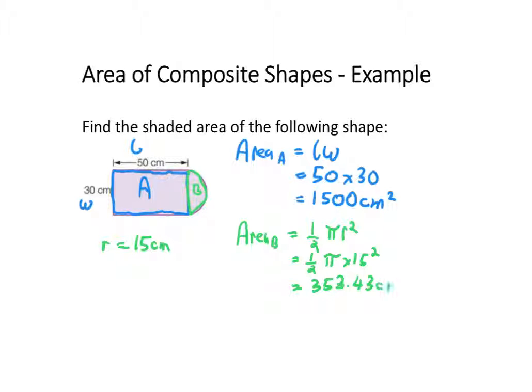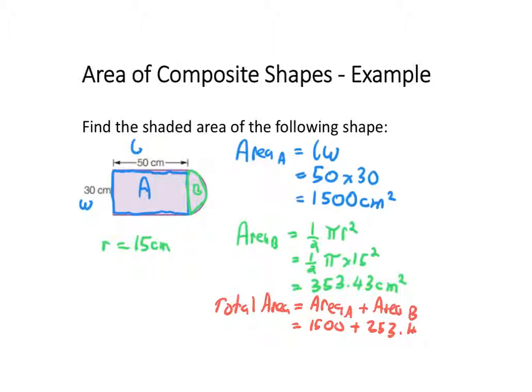is equal to 353.43 centimeters squared. So now that I've found the area of both shape A and shape B, I can proceed to step 3, which is to add them together to find the total area. So total area is going to equal the area of A plus the area of B, which is equal to 1,500 plus 353.43.